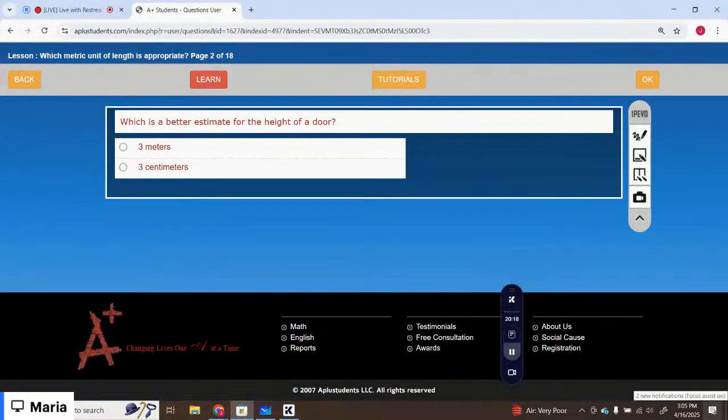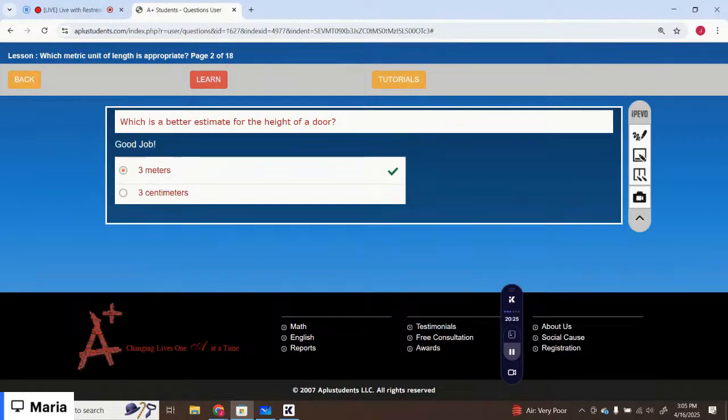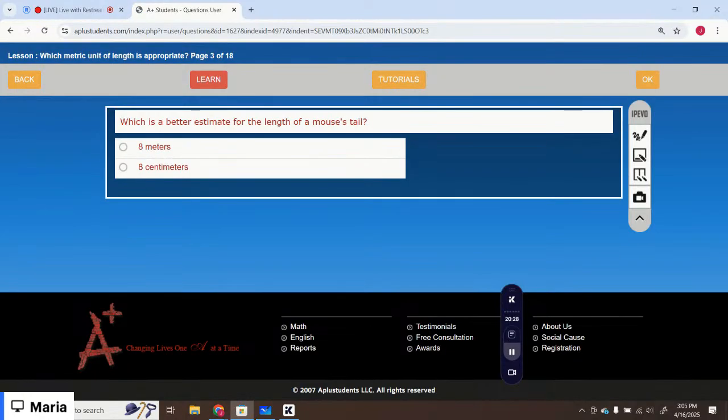That is 3 meters, right? A door, so it must be 3 meters, not 3 centimeters. Which is a better estimate for the mouse tail, 8 meters or centimeters?